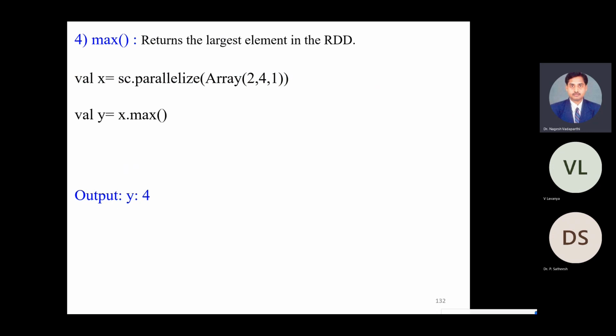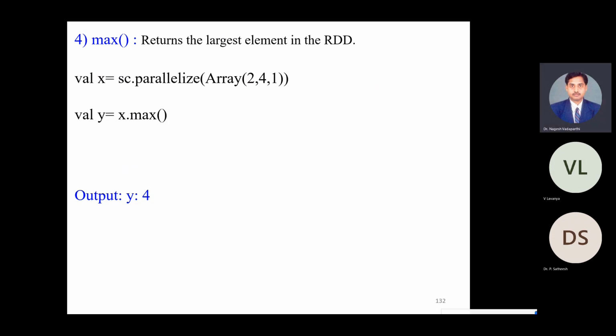Next, max. Max is an action. It returns the largest element in the RDD. See, the input variable value x is equal to sc.parallelize(Array(2, 4, 1)).